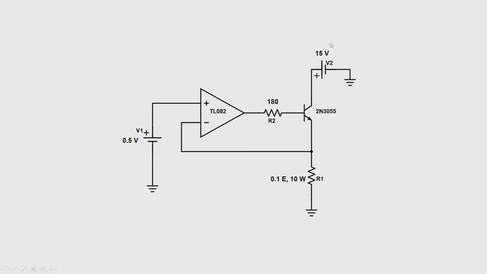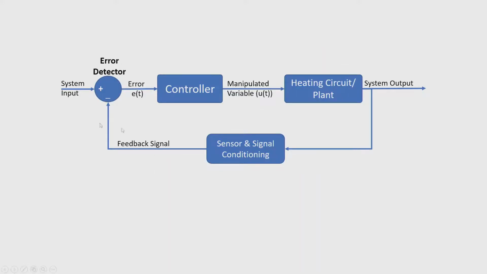But the input is connected with 15 volts and the drop across this resistor is 0.5, so what about the rest of the 14.5 volts? That 14.5 volts, together with the current flowing through this transistor, will generate heat on top of the transistor, and this heat will be measured using the sensor and fed back as an input to the error detector.